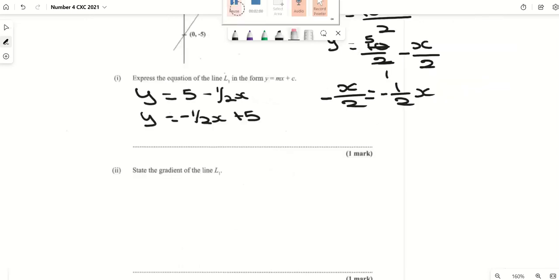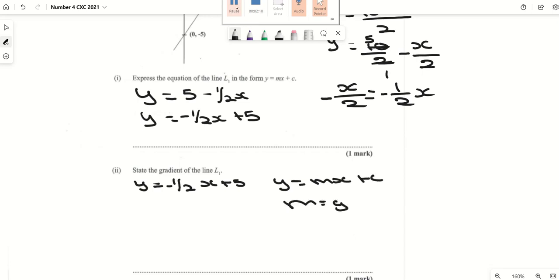Now, they said state the gradient of L1. We know that the equation for L1 is y equals minus a half x plus 5, and it is in the form y equals mx plus c. We know that m is your gradient.